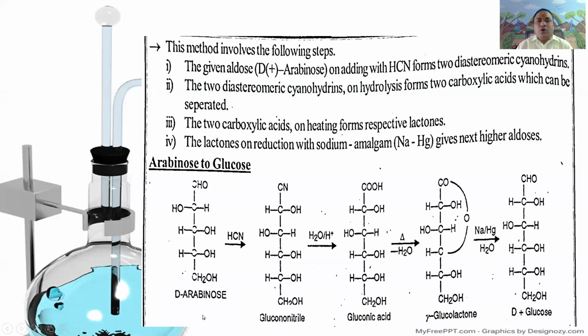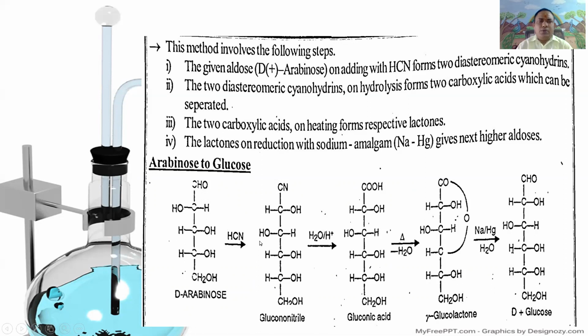Here in this process, first arabinose to glucose. First D-arabinose, upon treatment with hydrogen cyanide. Arabinose is a five-carbon aldopentose, that is CHO, CHOH, CHOH, CHOH, CH2OH. It is D-arabinose. Upon treatment with hydrogen cyanide, first it gives rise to gluconitrile.